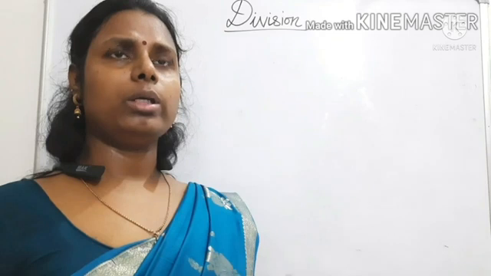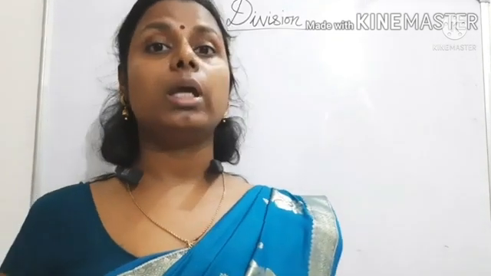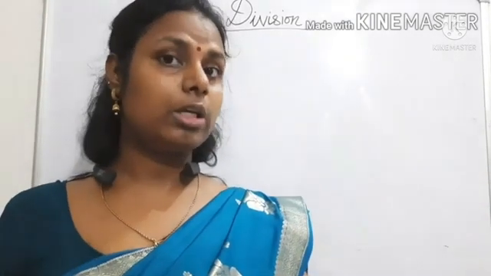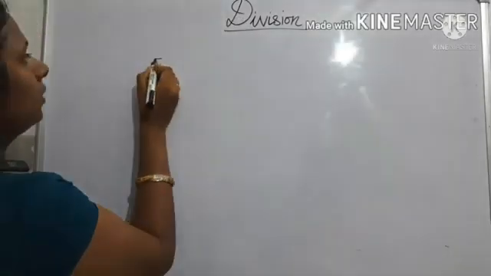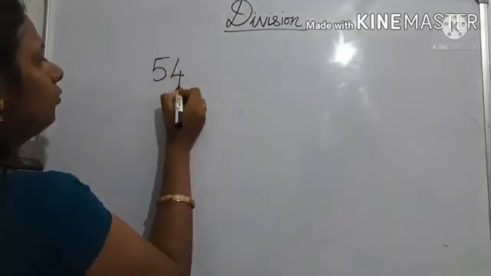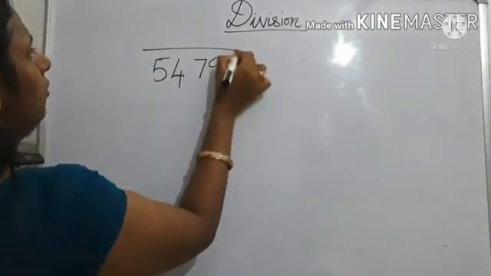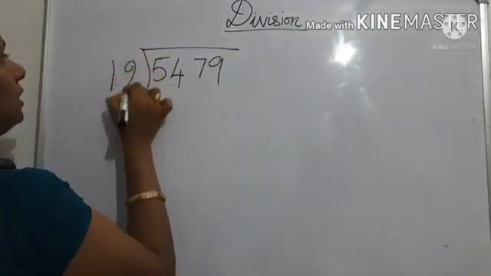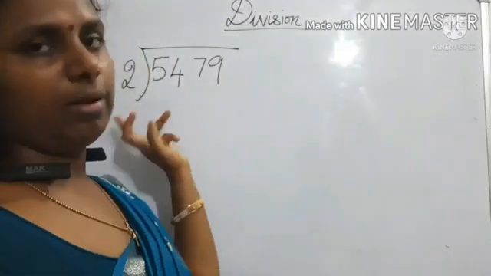Now we are going to take a 3-digit or 4-digit number and divide it by a 2-digit number. For example, 5479 divided by 12.